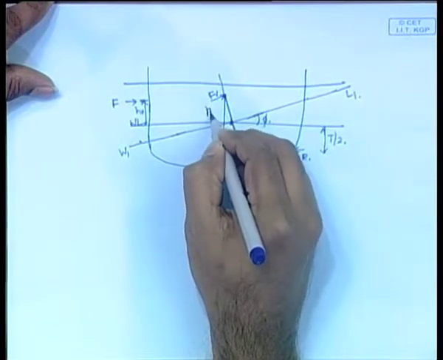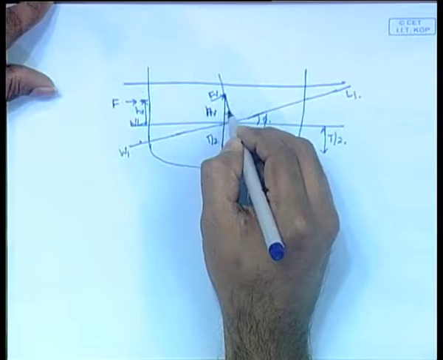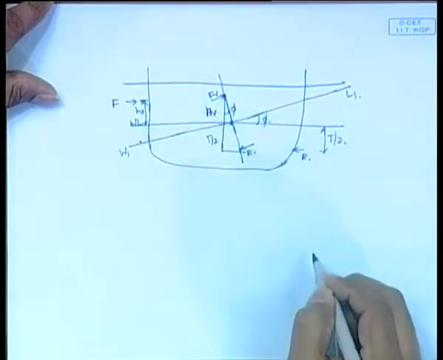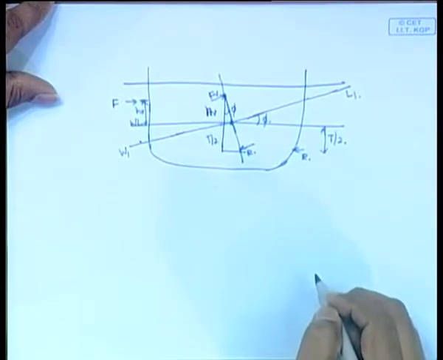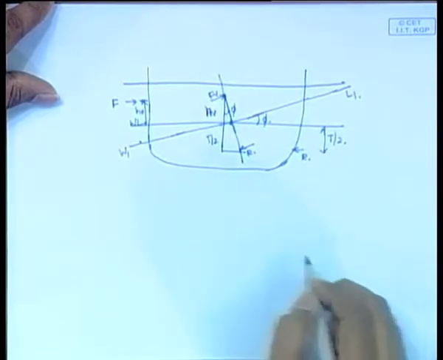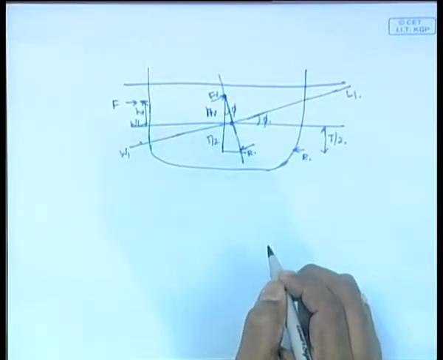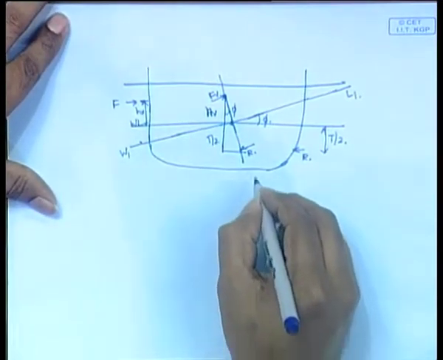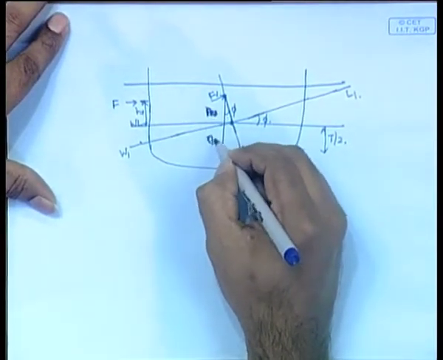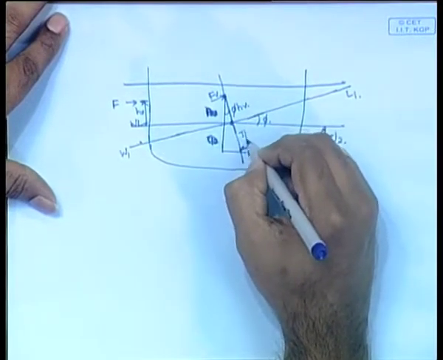This will be Hv and this will be T by 2. This is Hv, this is the vertical at that point, and this is T by 2.